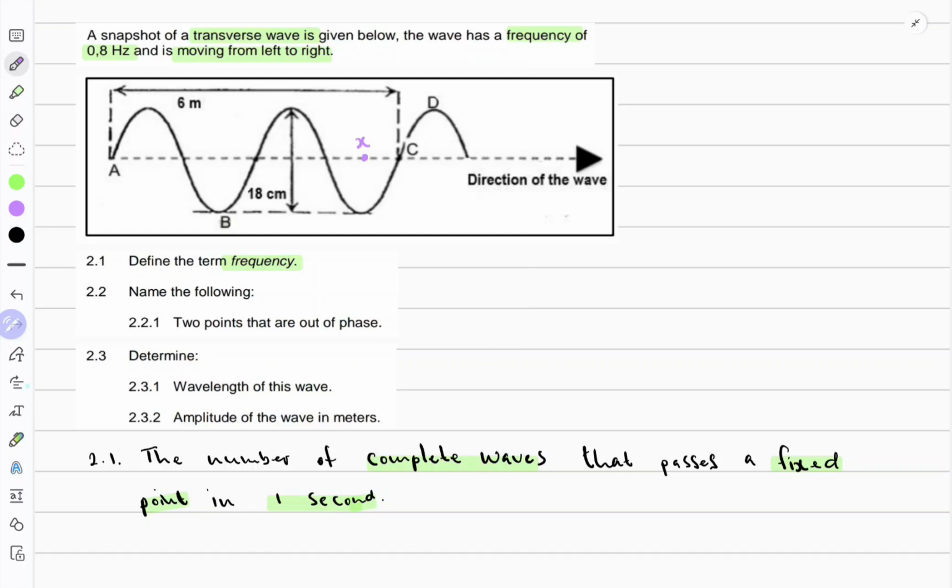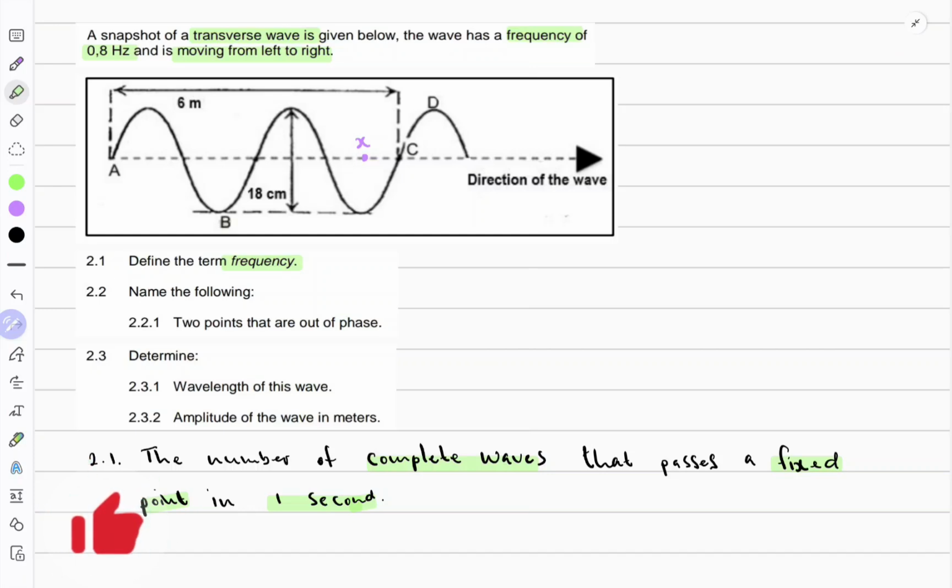The number of complete waves, this would be a complete wave from there to there, that passes this fixed point in 1 second is defined as frequency.